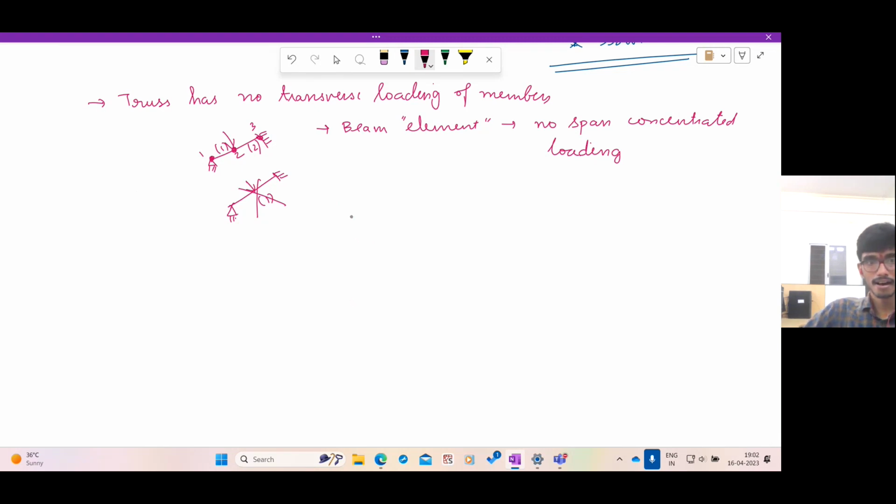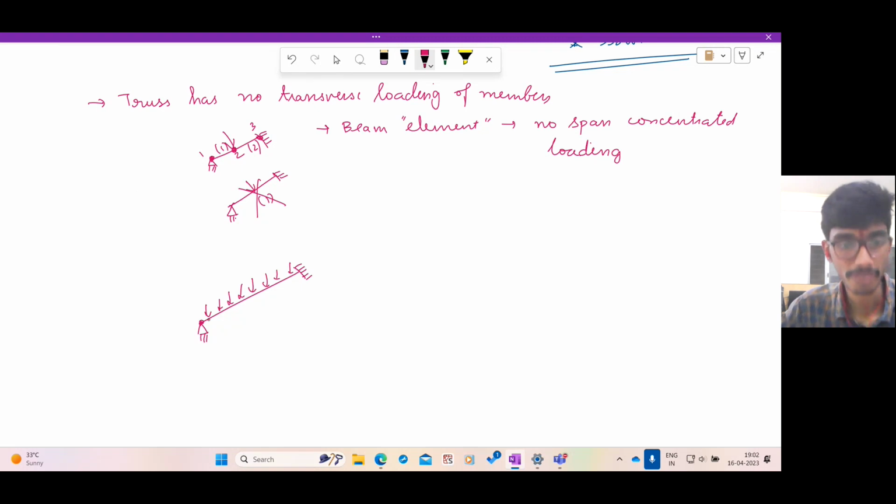And how does it help in the case of distributed loading? Right. So if you have a distributed span loading, here you can't put a node everywhere in the beam, right? So in this case, what do you do? You apply the principle of superposition.